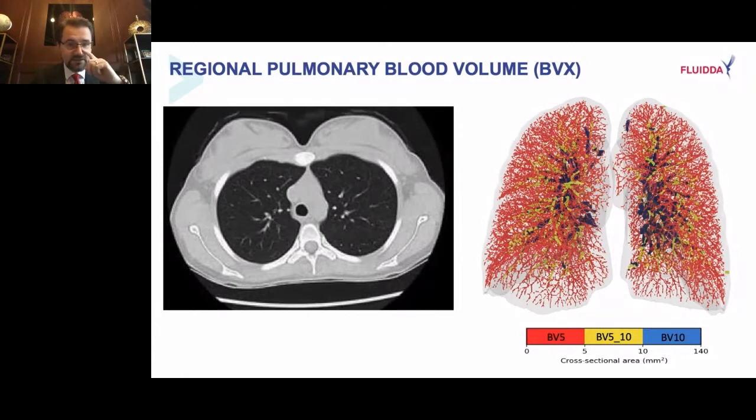What you see here is actually a healthy volunteer where we did a 3D reconstruction of the pulmonary vasculature, and we subdivided it into 3 categories: the BV5, which is the blood volume with a cross-sectional area below 5 millimeters squared, so the smaller vessels. The blue zones are the larger vessels with a cross-sectional area above 10 millimeters squared, and then the yellow zones are the mid-sized vessels between 5 and 10 millimeters squared.